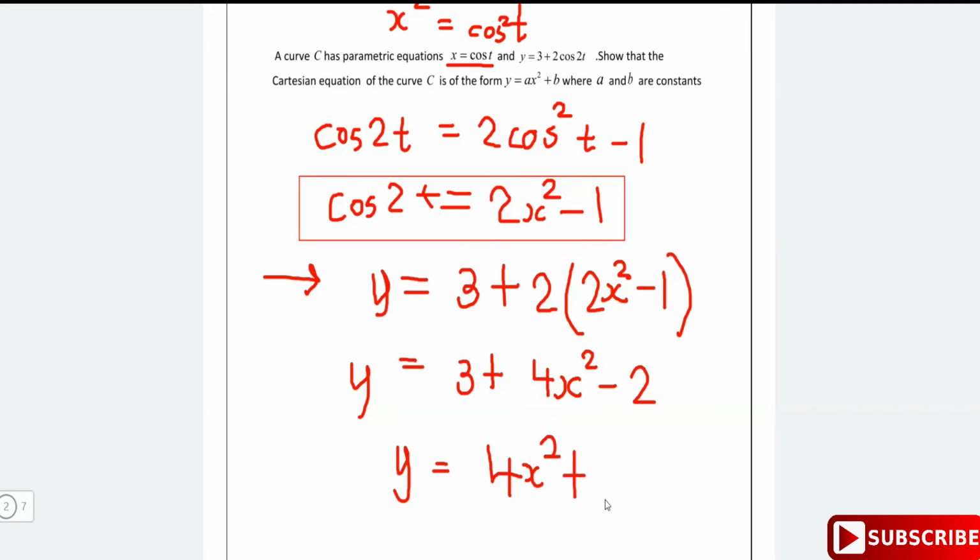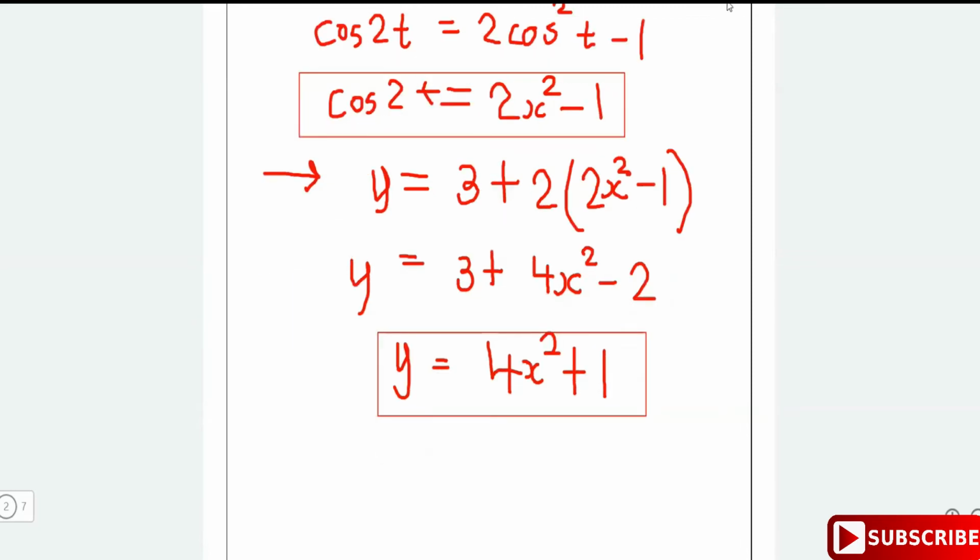So y is equal to 4x squared plus 1. This is your Cartesian equation. It is in the form y equals ax squared plus b. Comparing it to that form, you can conclude that a equals 4 and b is equal to 1. And that's that right there.